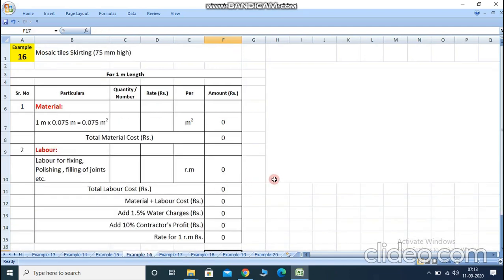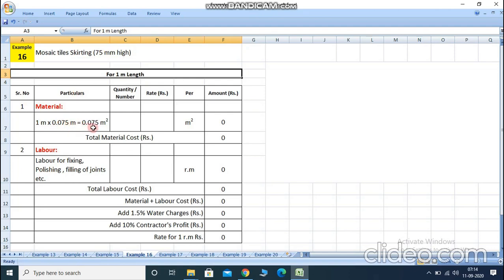Now we take another example: mosaic tiles skirting 75 mm height. Here we calculate for a 1 meter length. Material required is mosaic tiles. For 1 meter length and height 75 mm, 75 mm converted into meter is 0.075 meter.